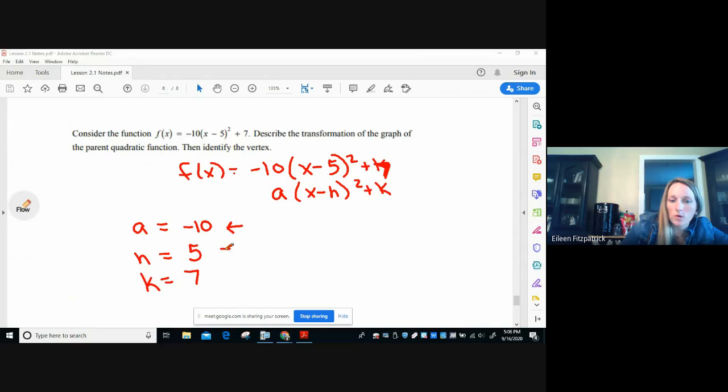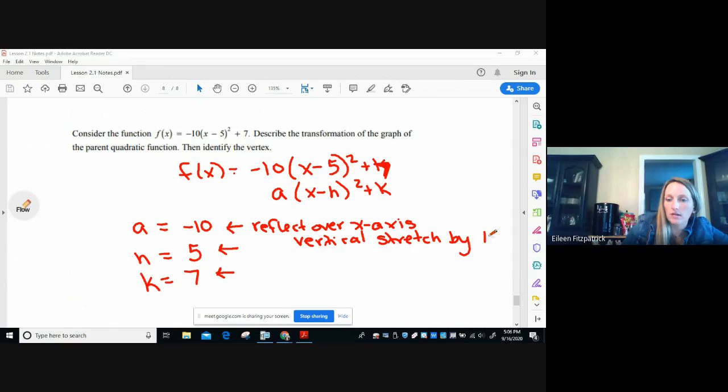Okay, so the negative 10 means it's going to reflect over the x-axis and have a vertical stretch by a factor of 10.